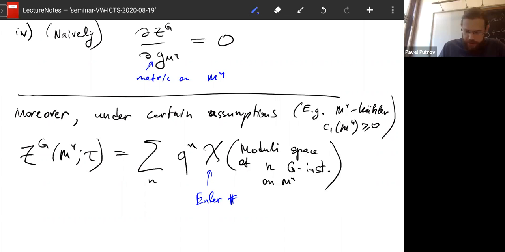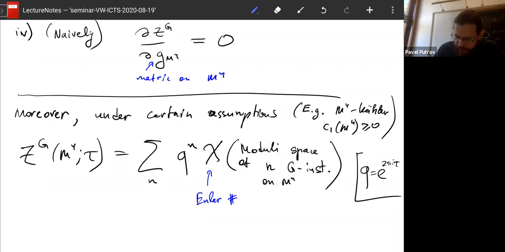In this case, when this is satisfied, this moduli space is actually a smooth manifold, and one can define the Euler characteristic in the usual sense. And q here is, as usual, related to tau as e to the 2 pi i tau.